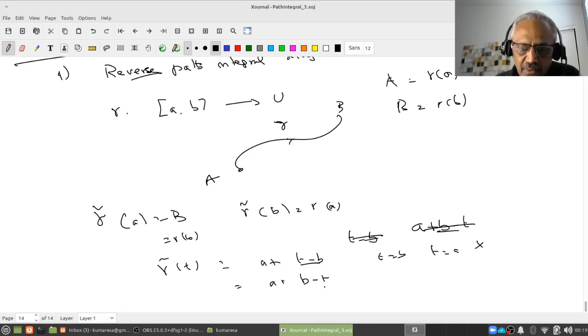Whereas when I put this, when t equal to a, that also cancels. Therefore this is the correct formula. Do you understand this?